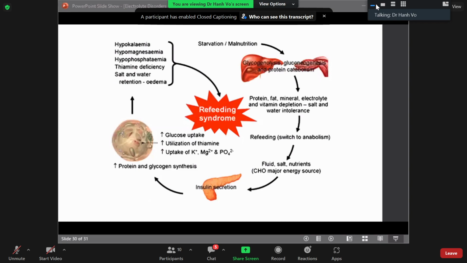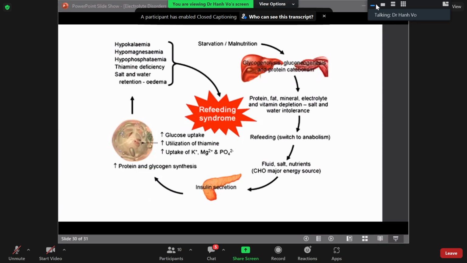This is the refeeding syndrome: when a severely malnourished patient is given glucose, the following cascade of events takes place. Insulin is released, which stimulates cells to produce ATP. As ATP is produced, phosphorus is depleted.